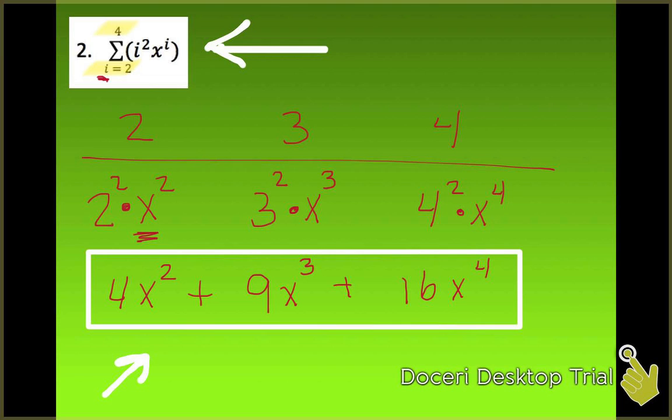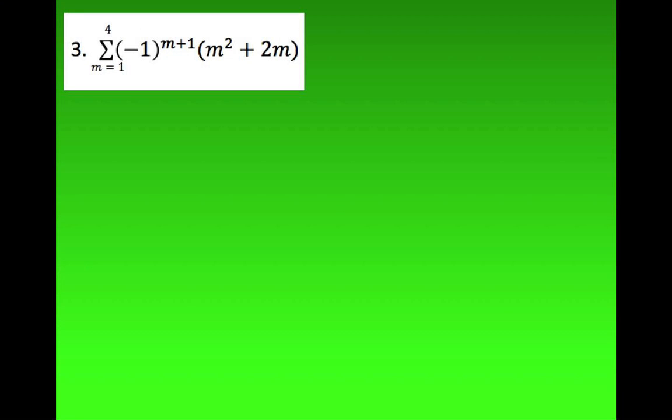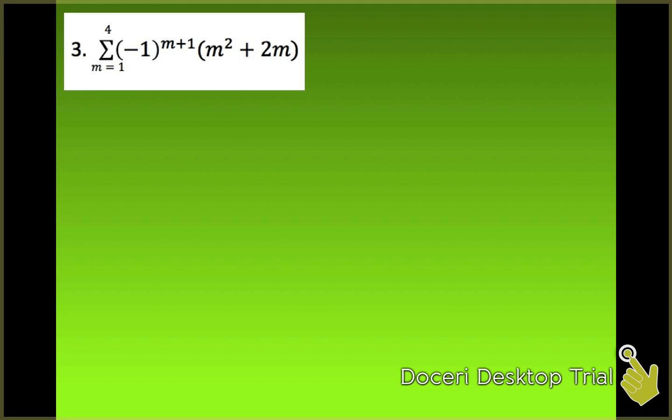Last example for this section. It's a little tricky. This one looks really complicated. It ends up being not so difficult though. So we're going from 1 to 2 to 3 to 4. Again, we're starting at 1, going through 4, and our variable in this case is m.